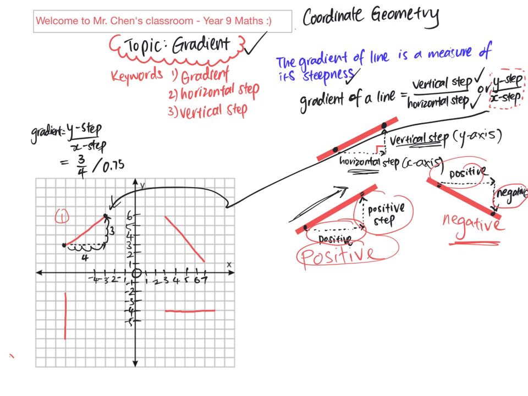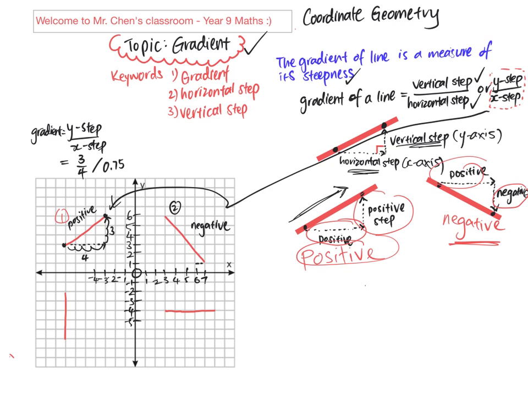On the other hand, if we look at the second one going down, we know straight away it is a negative gradient, because it's going down. But we want to find out what exactly the number for the gradient is. So always start with the horizontal.